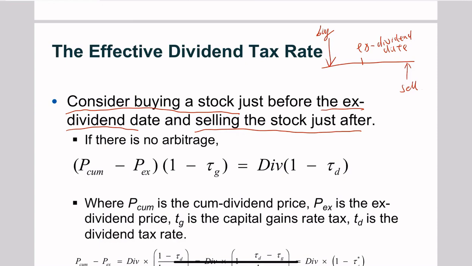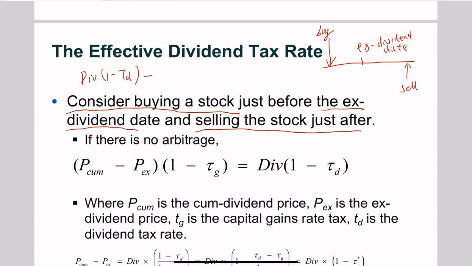Because you bought this share before the ex-dividend date, you will be able to get the dividend. However, there is a dividend tax. So your after-tax dividend would be the dividend times 1 minus the dividend tax rate. Here, TD denotes the dividend tax rate.